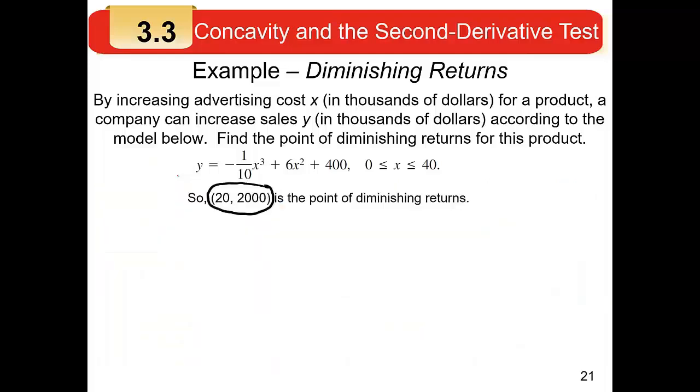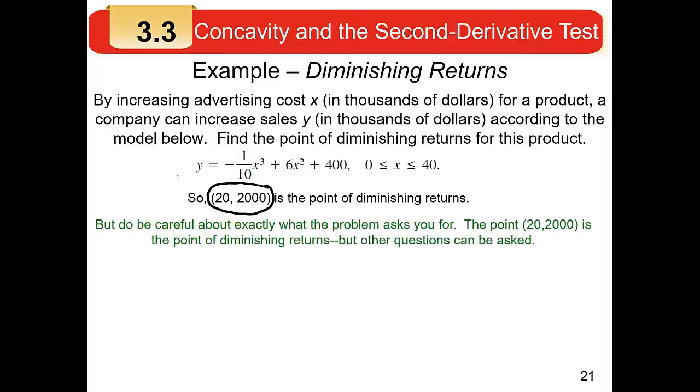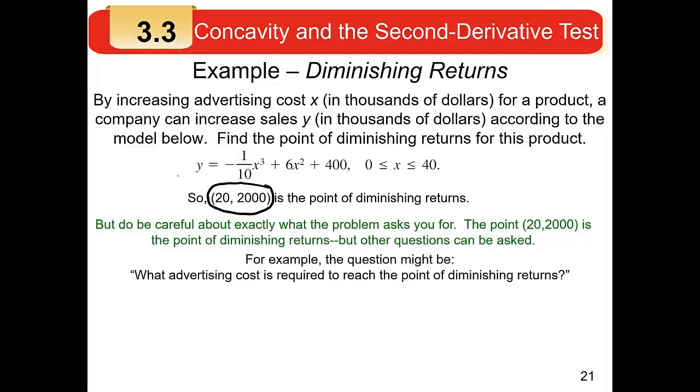Now be careful when a problem involves diminishing returns, because sometimes they don't actually ask for the point of diminishing returns, or maybe they don't ask for just the point of diminishing returns. For instance, even though the point (20, 2,000) is the point of diminishing returns, they might ask, either instead of or in addition to that, something like, what advertising cost is required to reach the point of diminishing returns?